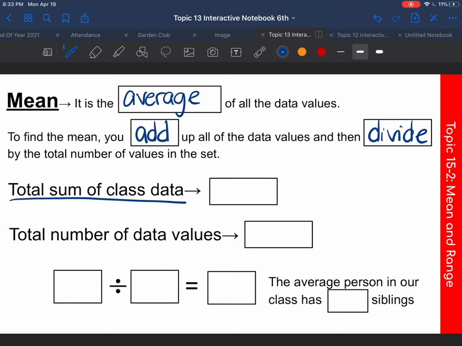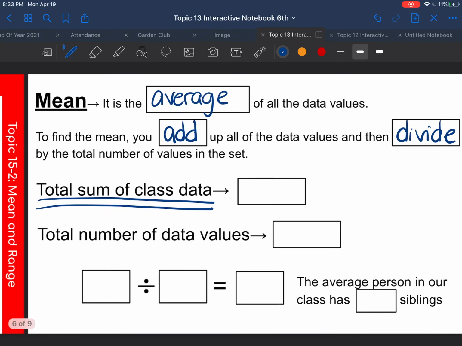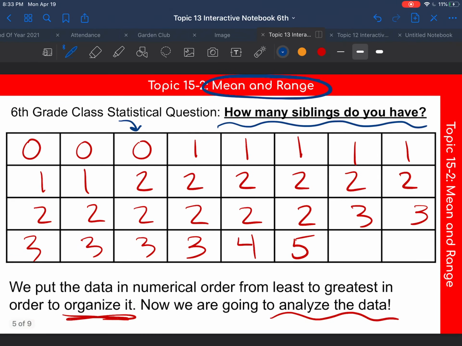So the total sum of the data, what we're going to do is we're going to add all of these data values together. So do that right now. What do you get? Well, let's see. If I add this together, I'm going to put a little check mark to help myself. I have 1, 2, 3, 4, 5, 6, 7 ones, so that's 7. Then I have 2, 4, 6, 8, 10, 12, 14, 16, 18, 20, 22, 24.